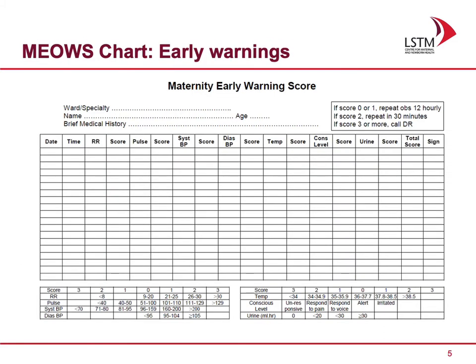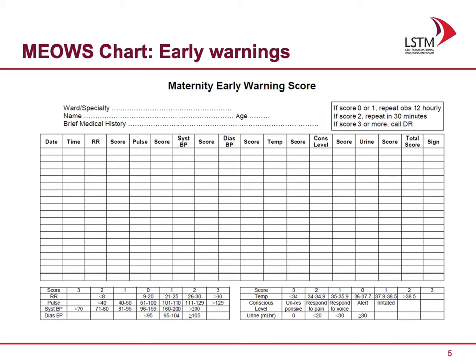So this chart is called a MEOWS chart, which is a modified early obstetric warning chart. And this is a way to score patients on the basis of their observations, of their vital signs. So you can see in the columns going down, we have date and time, and then respiratory rate and a score, pulse, a score, systolic blood pressure, diastolic blood pressure, and they're scored separately, temperature, conscious level, and urine.